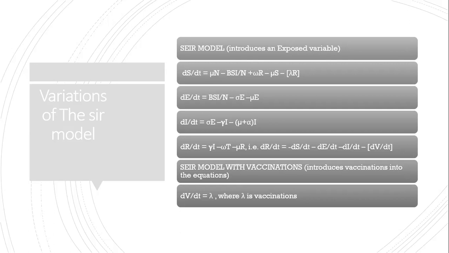If you don't show symptoms, then you go straight to the recovered population. But once you start showing symptoms, that's when you get moved to the I population.